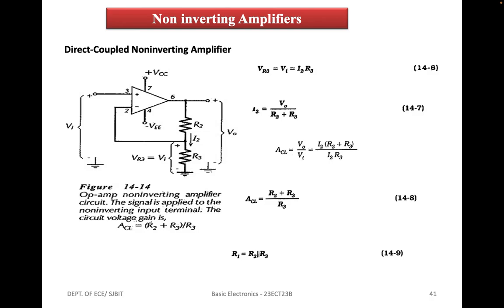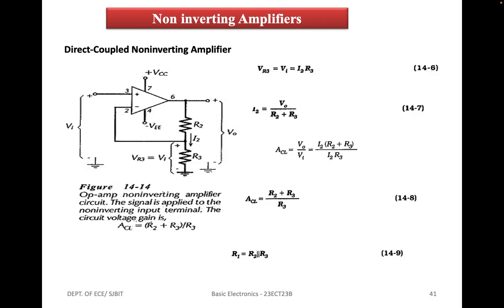As in the case of the voltage follower, the output voltage changes as necessary to keep the inverting input terminal voltage equal to that at the non-inverting input. Thus, the voltage VR3 always equals Vi, and the output voltage is then determined by the resistances of R2 and R3.